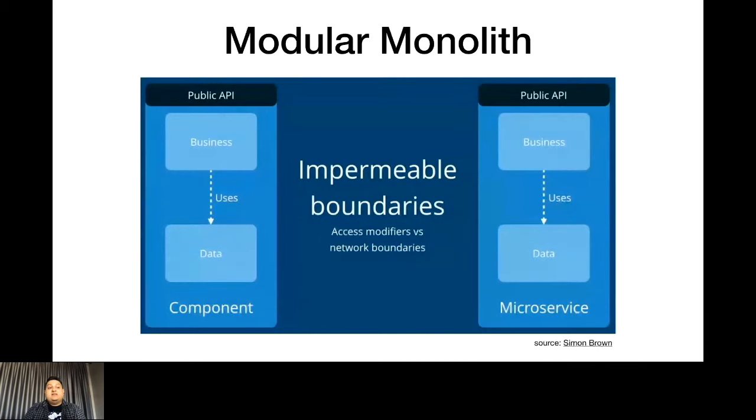What is the biggest advantage when it comes to the modular monolith and building your application from components is that you don't have all the drawbacks which microservices have.